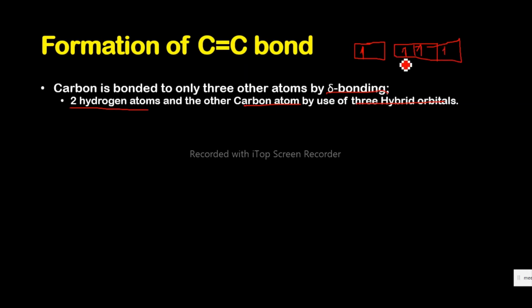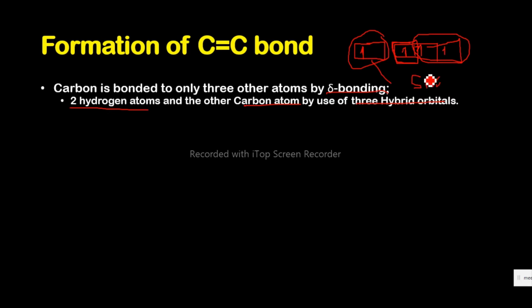Now instead of mixing all three p orbitals, you mix only two of the p orbitals with the s, and you leave one untampered with. As a result, you form three hybrid orbitals, made of s with one electron and p with two orbitals. That's why it is called sp2 hybridization.